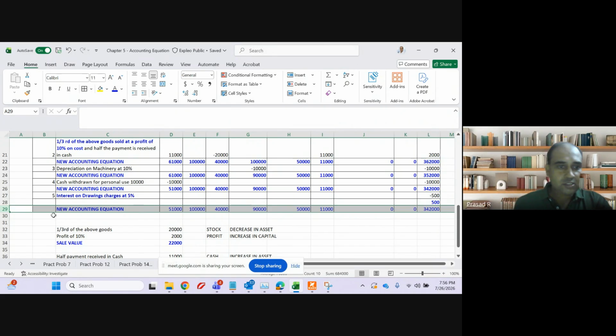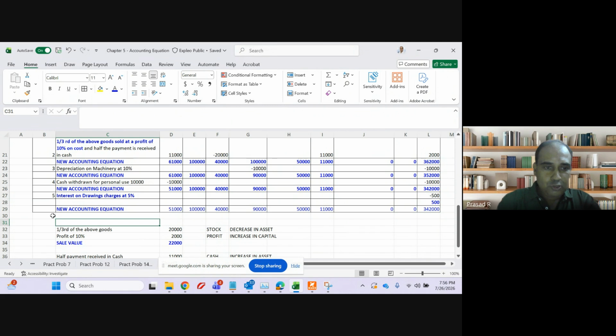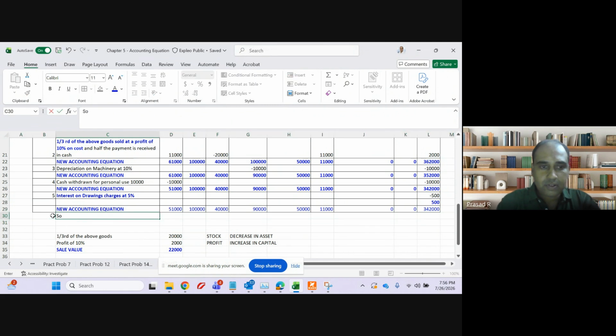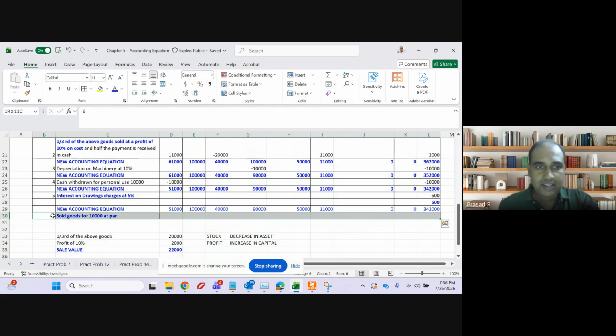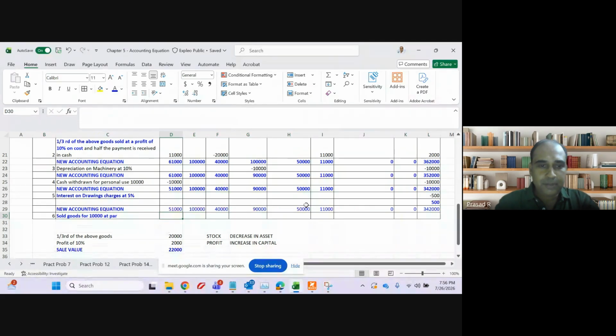sold goods for 10,000 in cash. At par means at the same price, no profit, no loss in this transaction. So sold 10,000 means what will I get, guys? 10,000 I will get in cash.